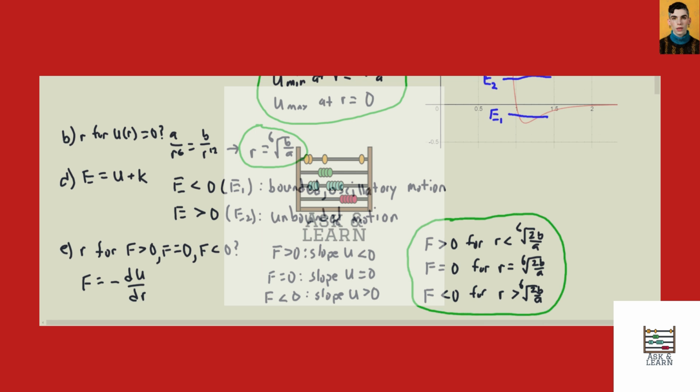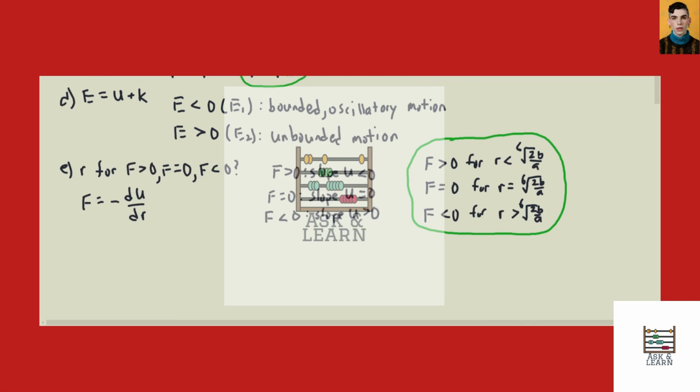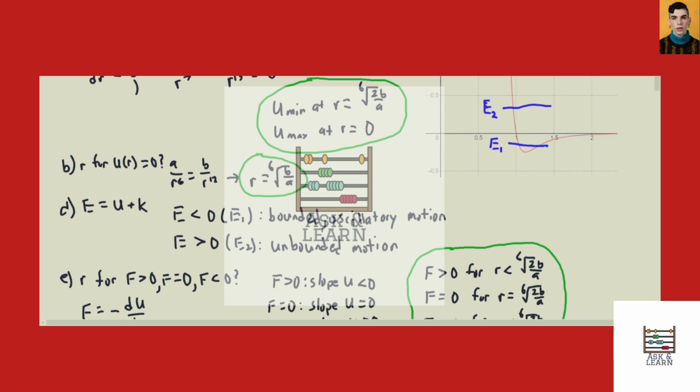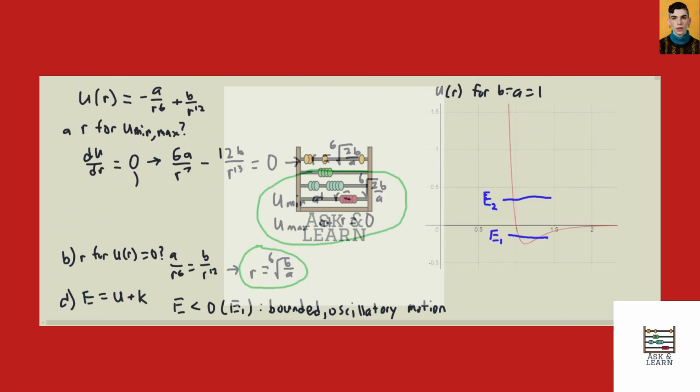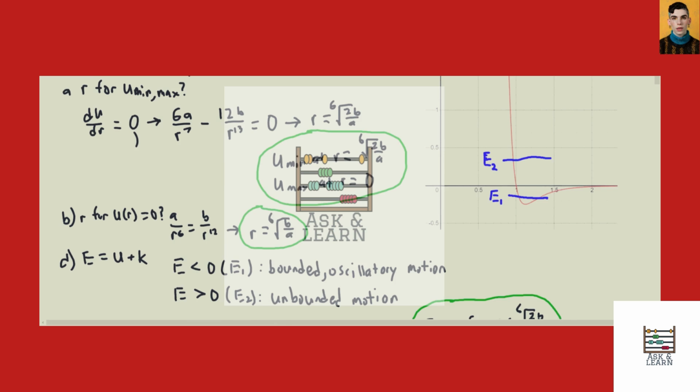And then part F is just asking us to find a function for F of r. So for this one we simply say an expression for F is minus the derivative of u. So we've got our u was minus a over r to the 6th plus b over r to the 12th.